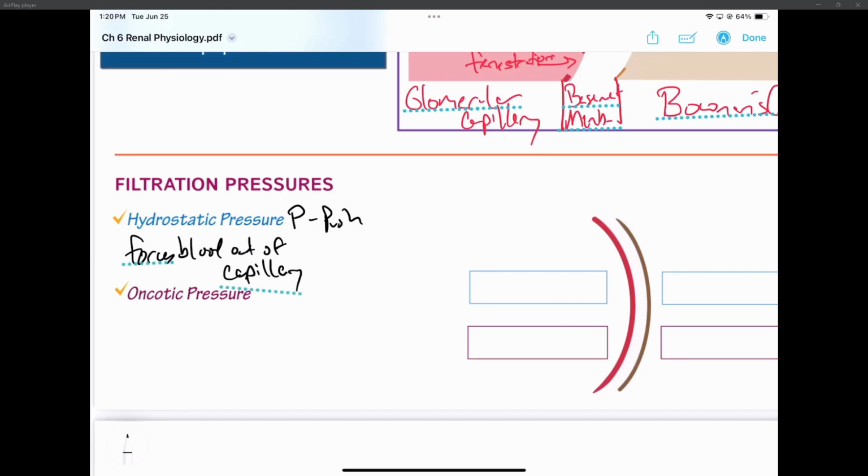The oncotic pressure is your pi, and that's obviously the suck now. And what is the major component of our oncotic pressure? Proteins. Okay? Any force that pulls it back in.